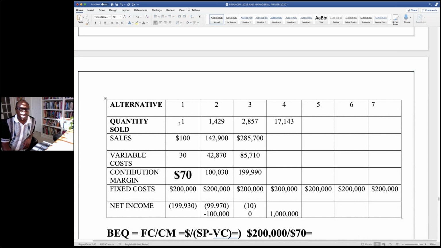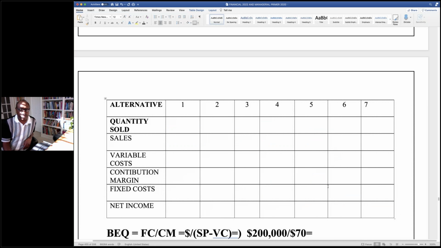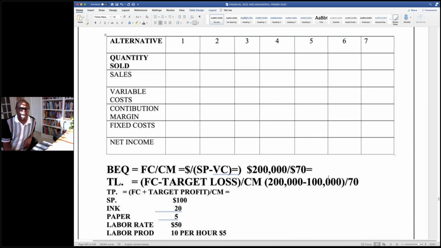So what we want to do is fill out this chart. We have these big formulas here again.